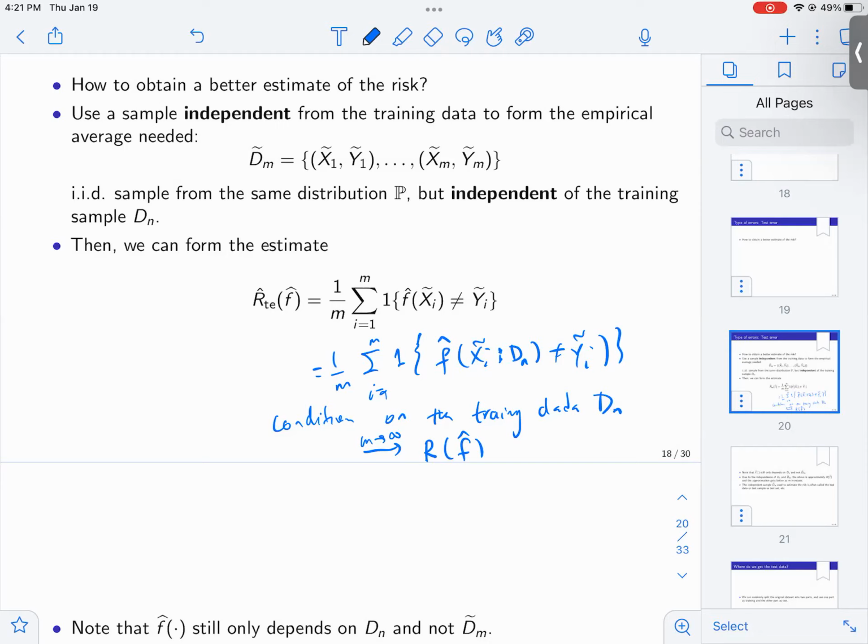This is not the entire story. There's a very interesting thing that happens here. In this example that I'm talking about, in fact, the training error converges to the population risk. You don't need to split. And that's what I want to go back to later, but that's like the next level.